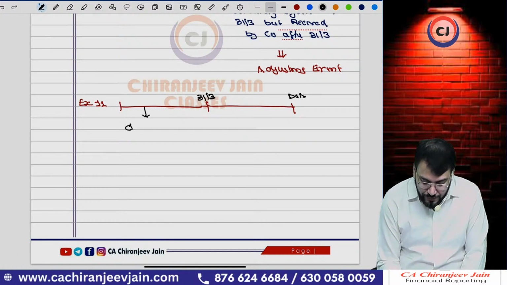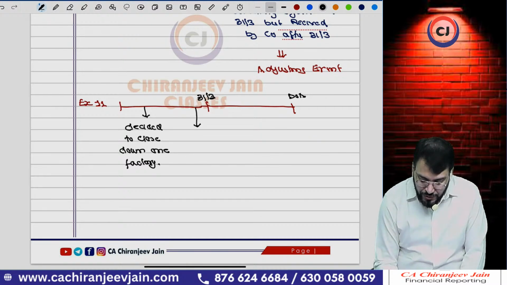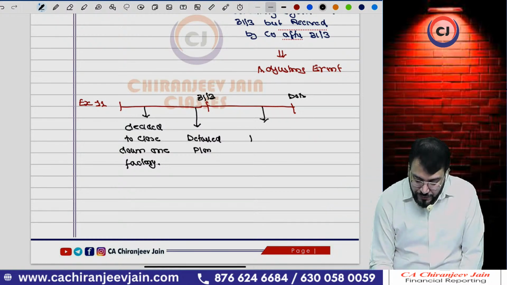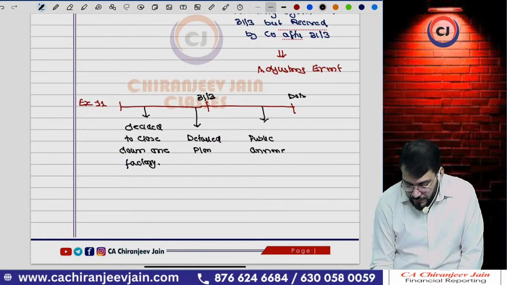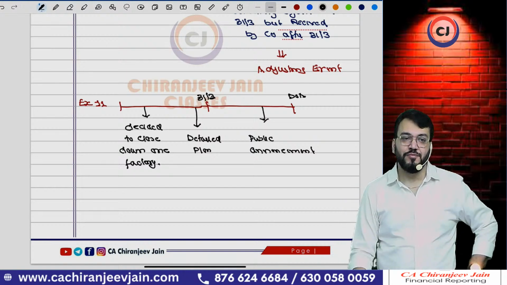Before 31st March, they decided to close down one factory, means restructuring. Before 31st March, a detailed plan was made. Correct. After 31st March, they have made a public announcement. Understood?